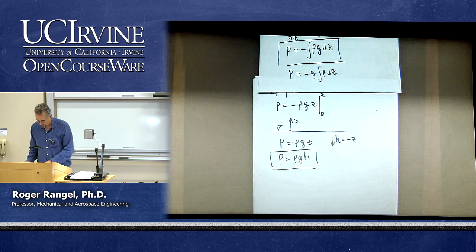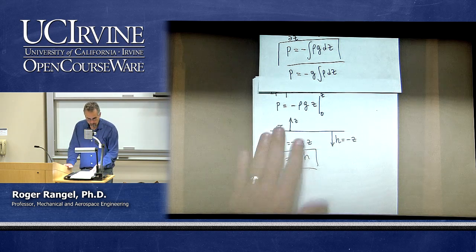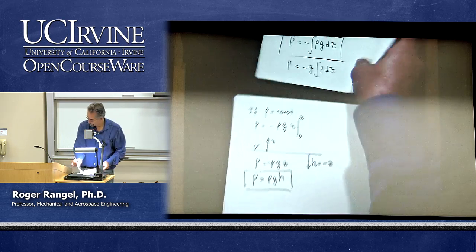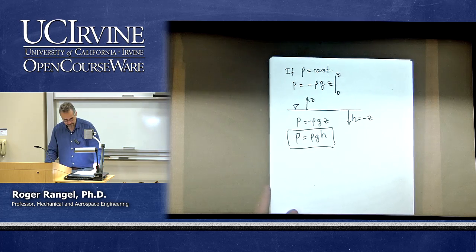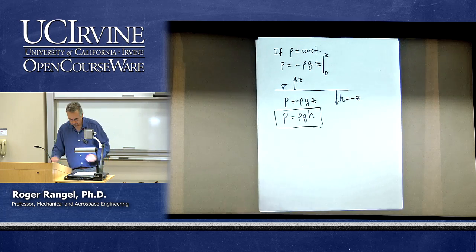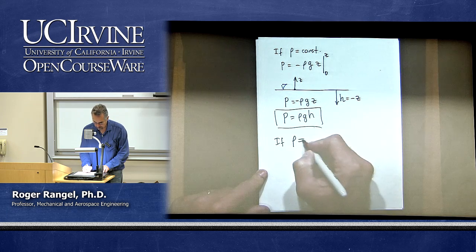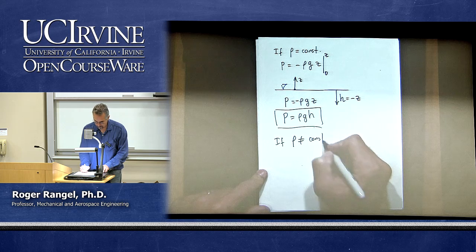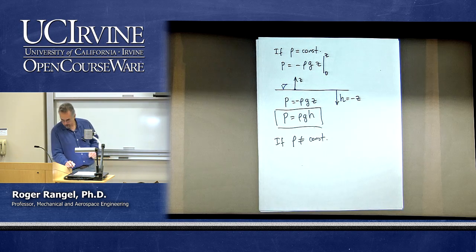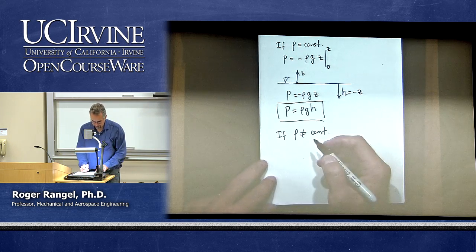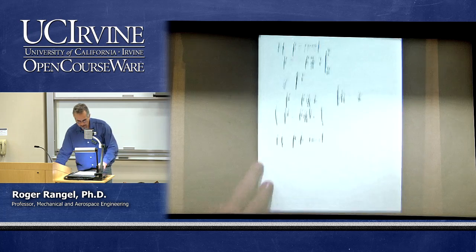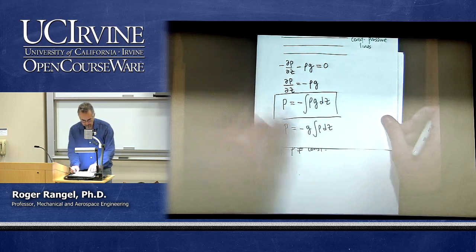Another situation that might be a little bit more interesting is if the fluid is not of constant density. For example, let's say that the fluid is compressible, so rho is not a constant. If rho is not a constant, then we have to go back to this step before we pull the rho out.